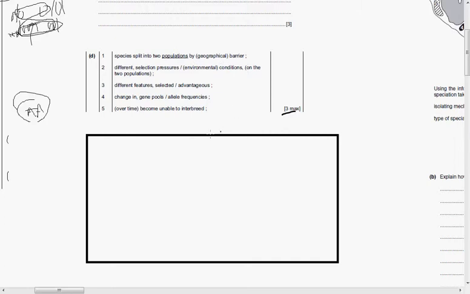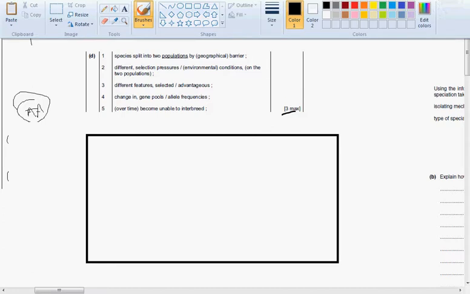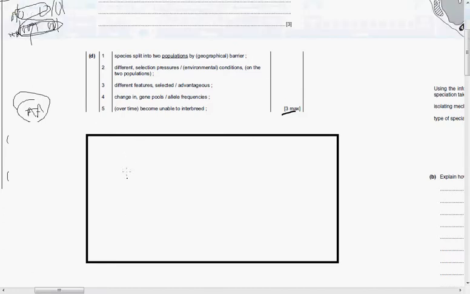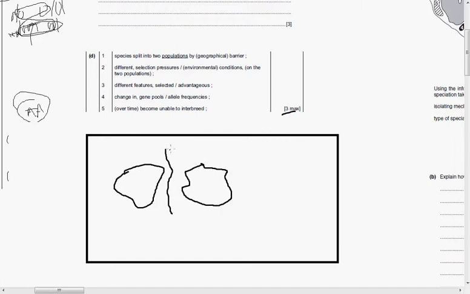So we have these two populations: there is this species here, and then there is a barrier, and then there is another species here. Let's say there is a river here.